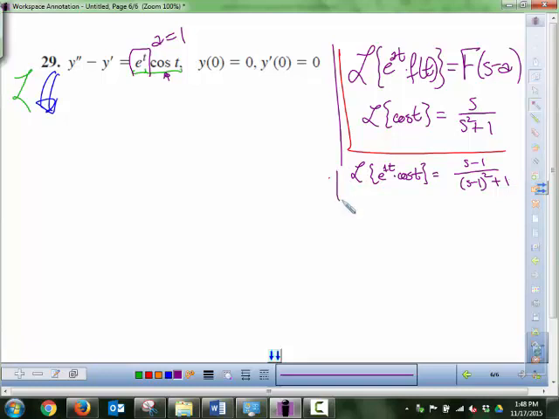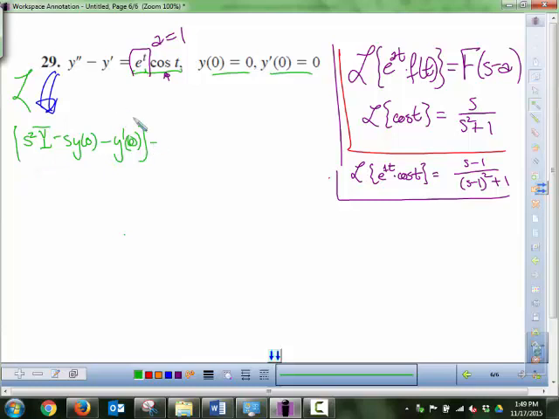All right, so let's take that shift and let's do the linear transformation. So we have a double prime. The good news is that these initial conditions are 0. That will make things a little bit easier for us. We have a double prime, so that's s squared capital Y minus s times y of 0 minus y prime of 0.